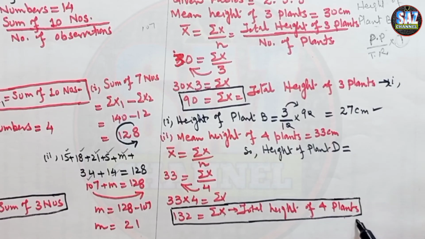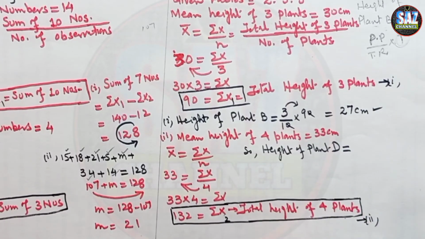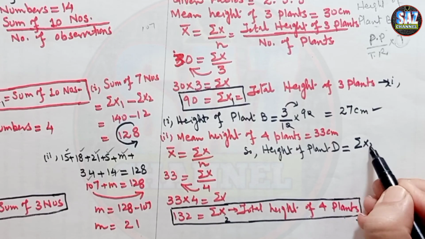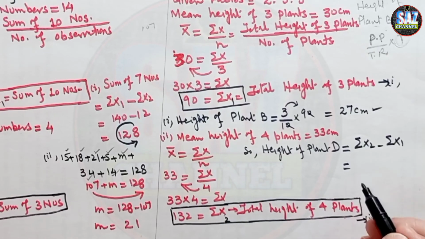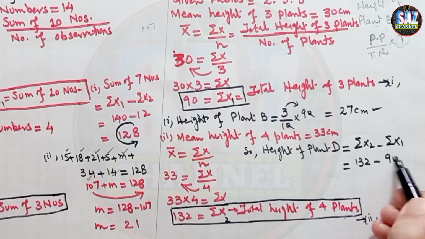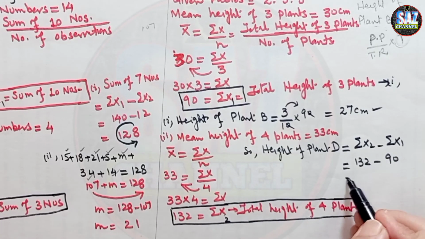We can mark them 1 and 2: summation x2 minus summation x1. Use mathematical language. 132 minus 90, take it away, and this is 42 centimeter.